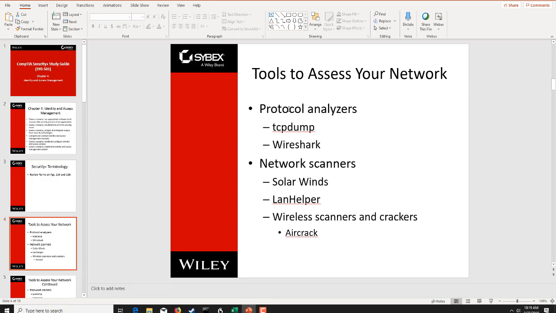So, diving in here, tools that you can use to assess your network. A couple of passive tools are protocol analyzers, and if you're not really good at Wireshark at this point in time, you need to start playing around with it.